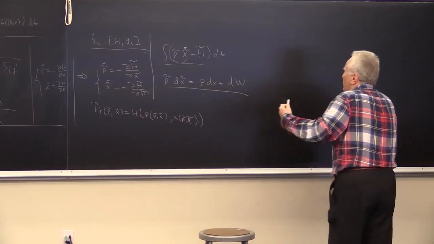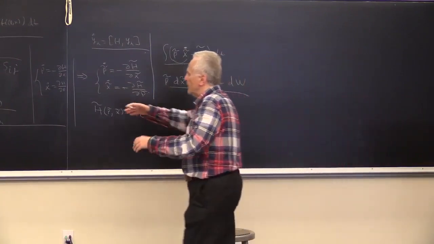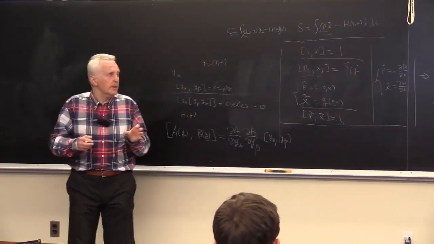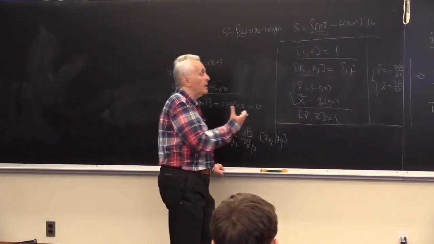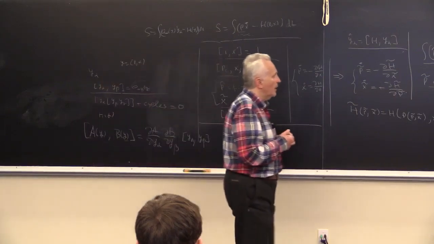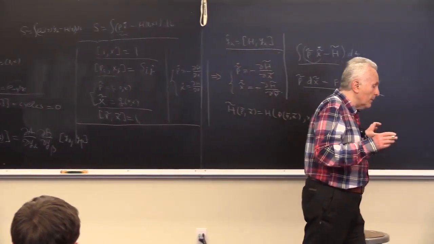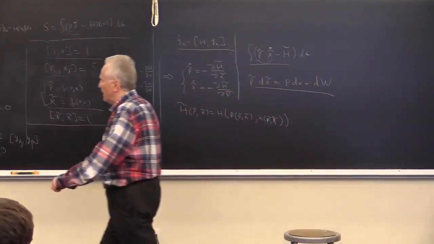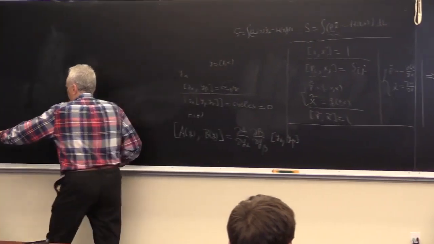You may still be in the dark about why we need this, but the point is that by changing these variables, sometimes you can simplify the Hamiltonian drastically, and that's what we're going to discuss now. Simplify, and then it gives you a qualitative picture of the motion of the system.